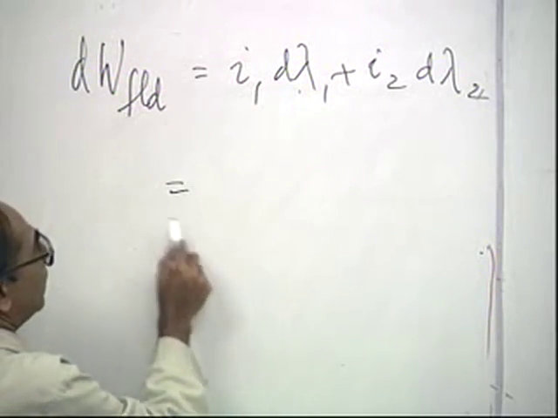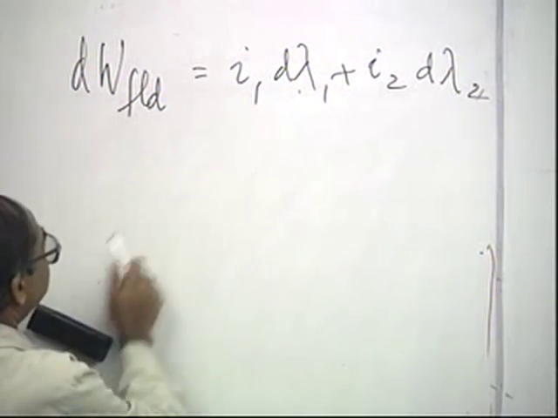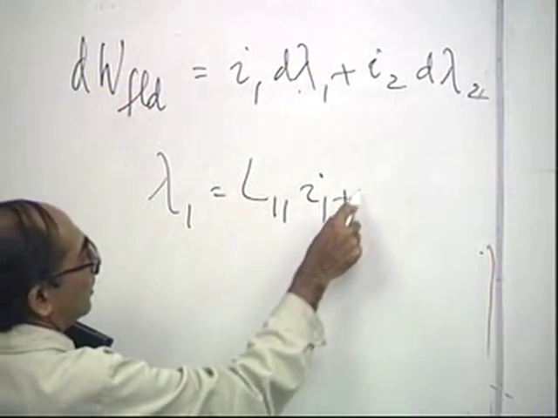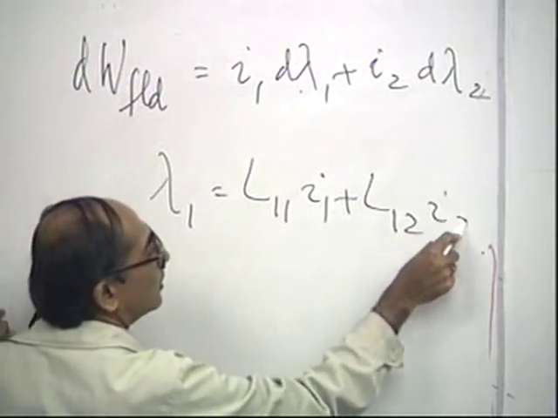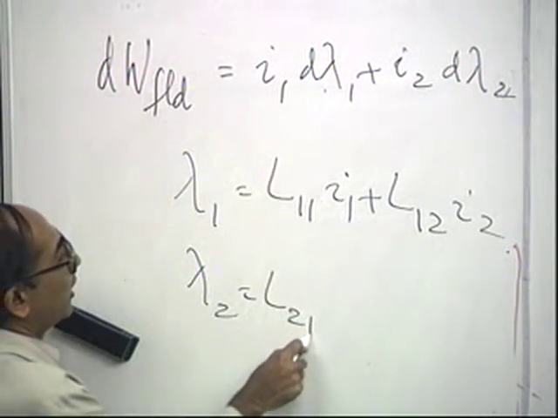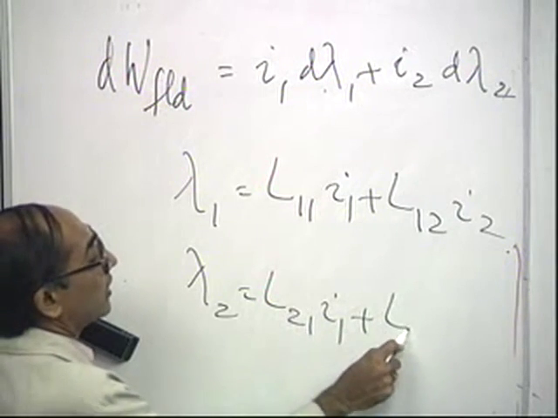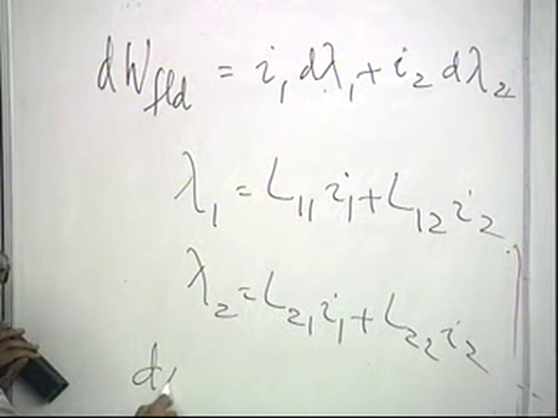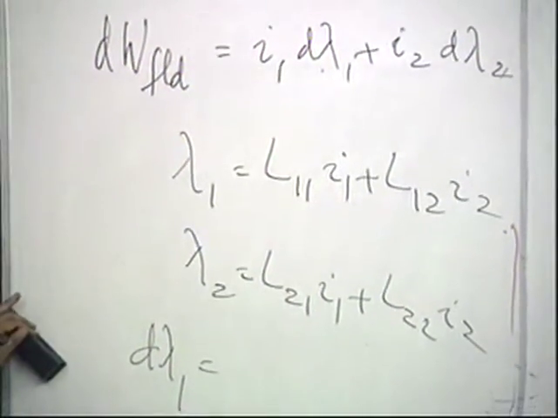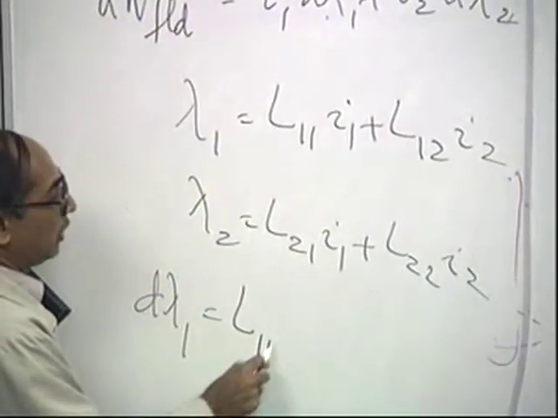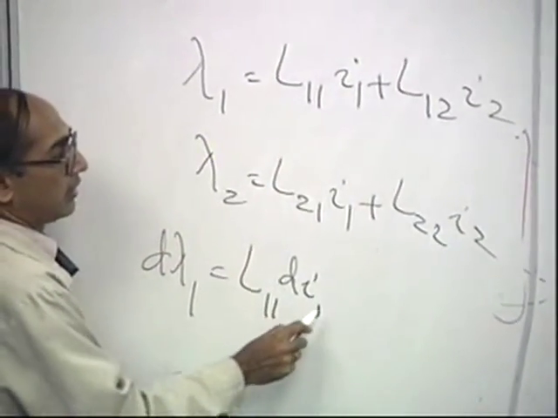If lambda 1 is defined as L11 I1 plus L12 I2, and lambda 2 is L21 I1 plus L22 I2, what will d lambda 1 be? It is L11 di1 plus L12 di2.